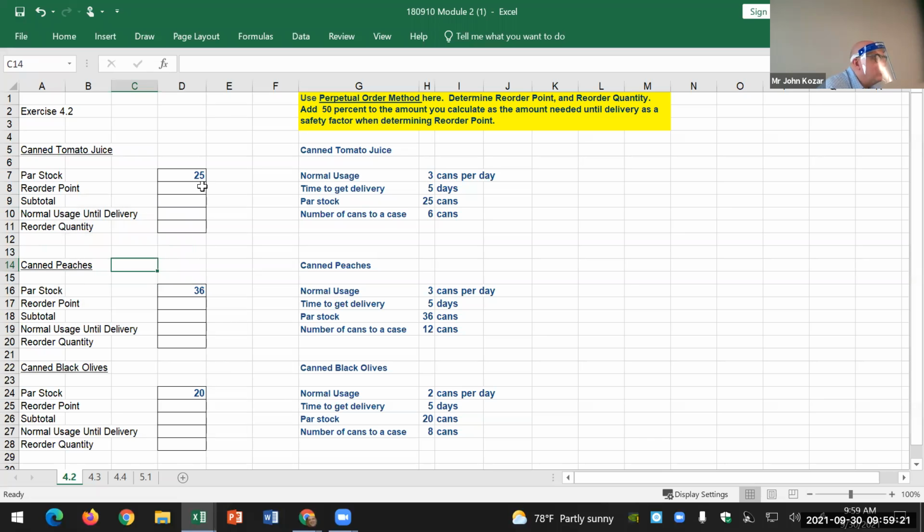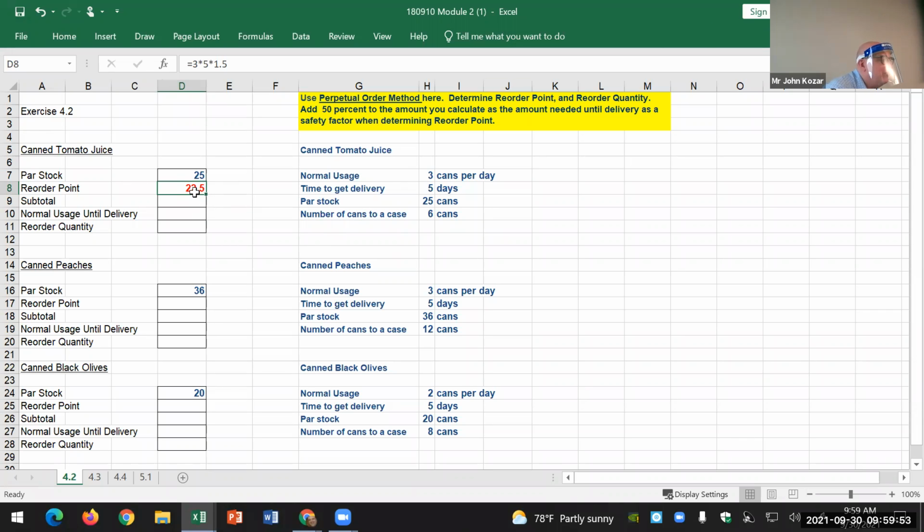So the reorder point is 3 times 5 times 1.5. Is that correct? Okay, let me get through this first.